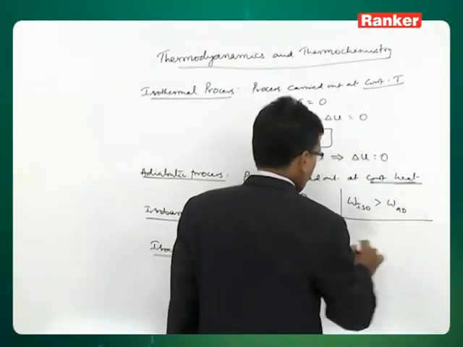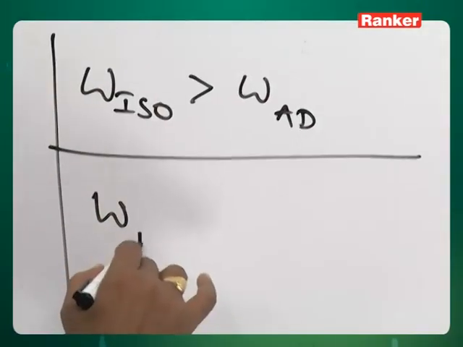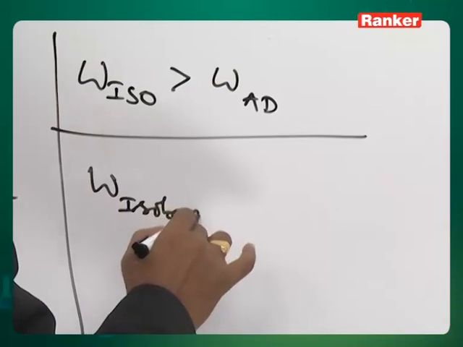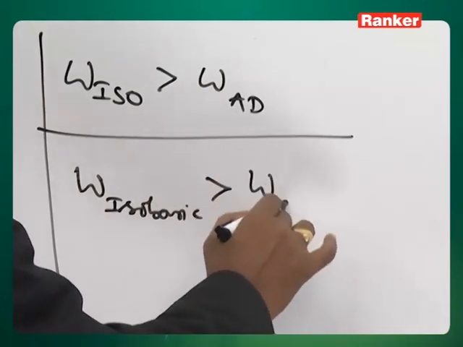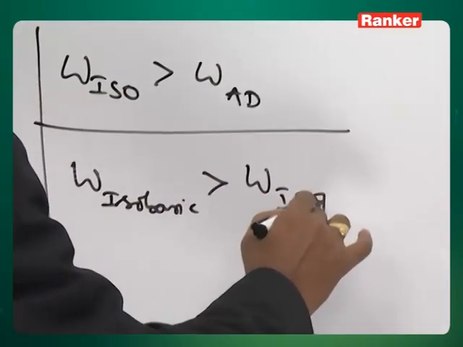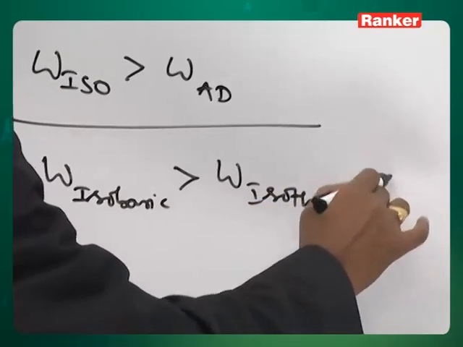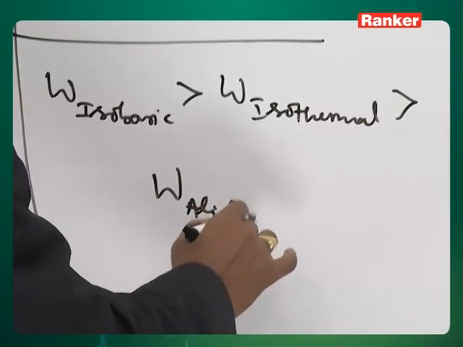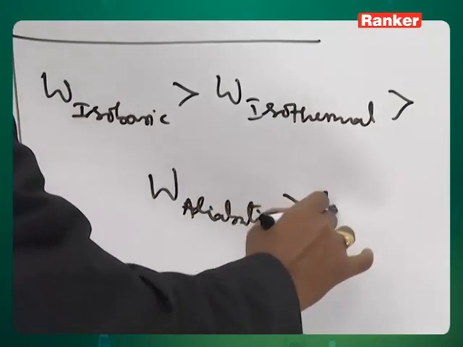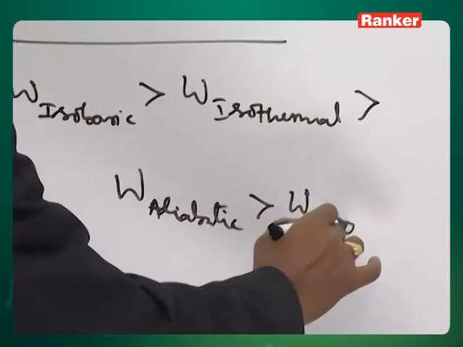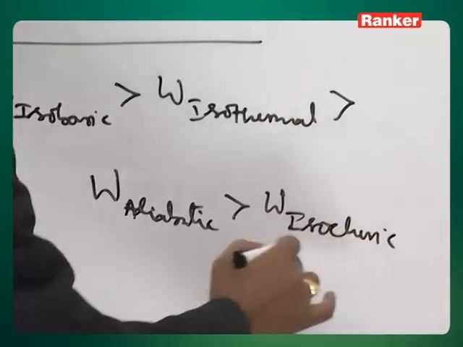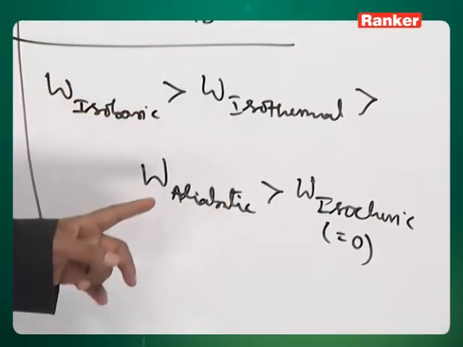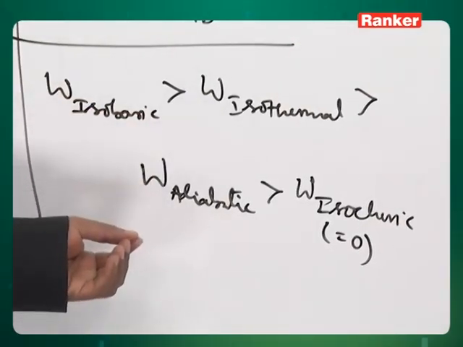So if you compare overall, work done in isobaric is greater than work done in isothermal, which is greater than work done in adiabatic, which is greater than work done in isochoric. Work done in isochoric is equal to 0. This we will understand more clearly after the first law of thermodynamics.